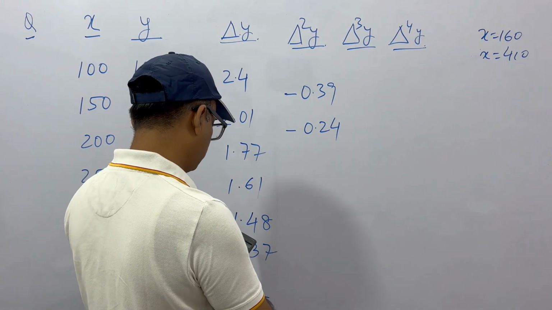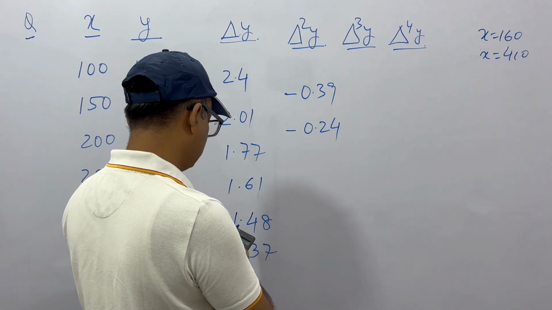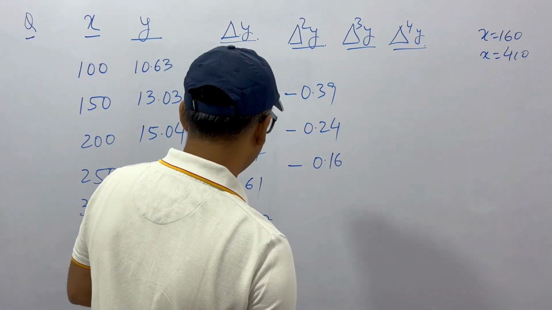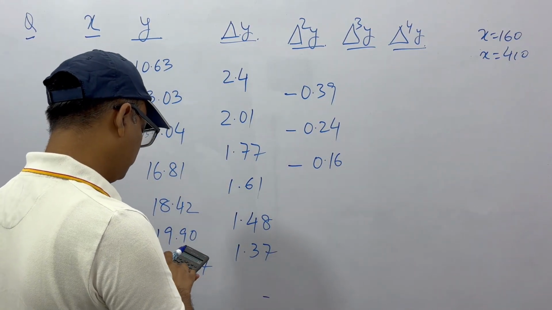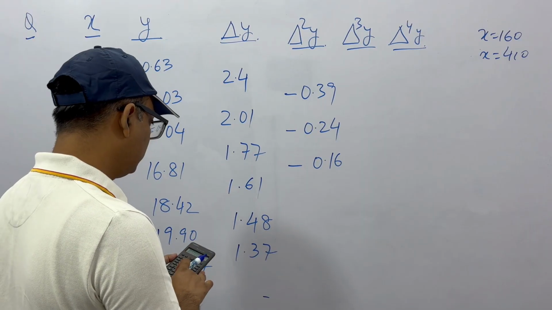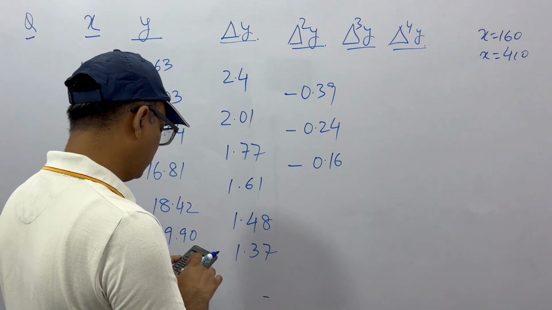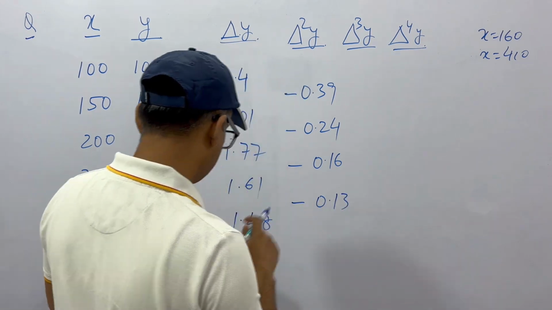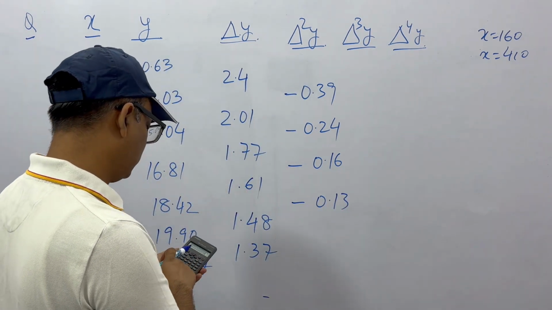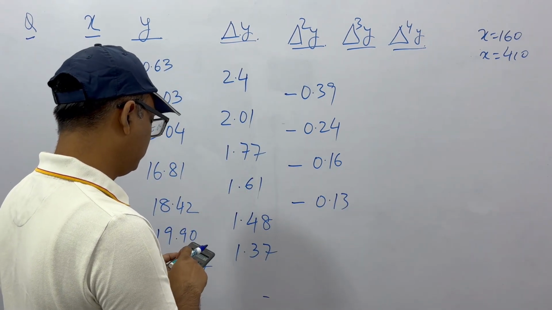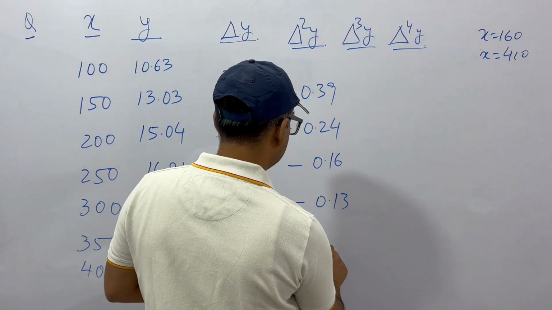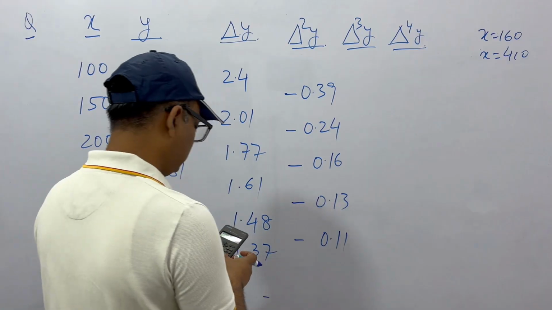Then 1.61 minus 1.77 is minus 0.16. Then 1.48 minus 1.61 is minus 0.13. Then 1.37 minus 1.48 is minus 0.11.